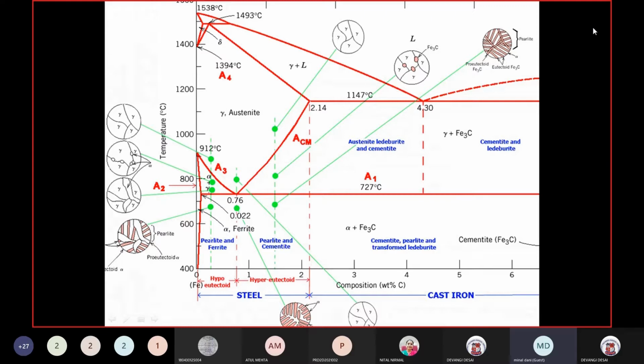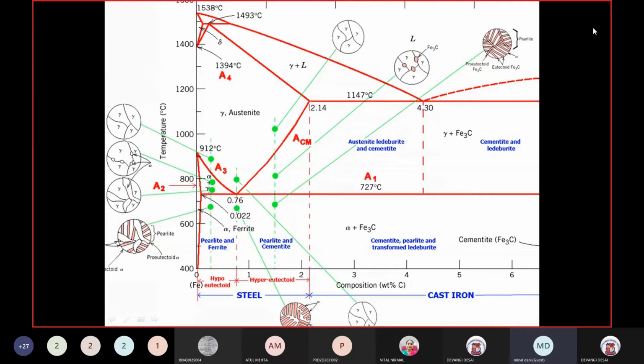Pearlite can transform to austenite. Look, it is written above, the gamma phase, austenite, is there. So the eutectoid reaction is done at 727 degrees Celsius. At that time, the weight percentage carbon is 0.76 and your pearlite is one type of solid. So your solid 1 can transform to solid 2, which is your austenite.